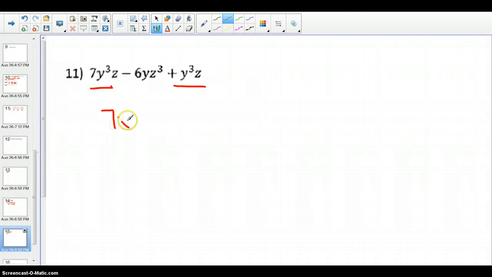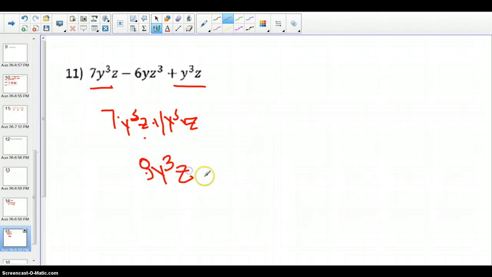So I can put them right next to each other: 7y cubed z plus y cubed z. If I add them together, I end up with 8y cubed z. And then I have a minus 6yz cubed.